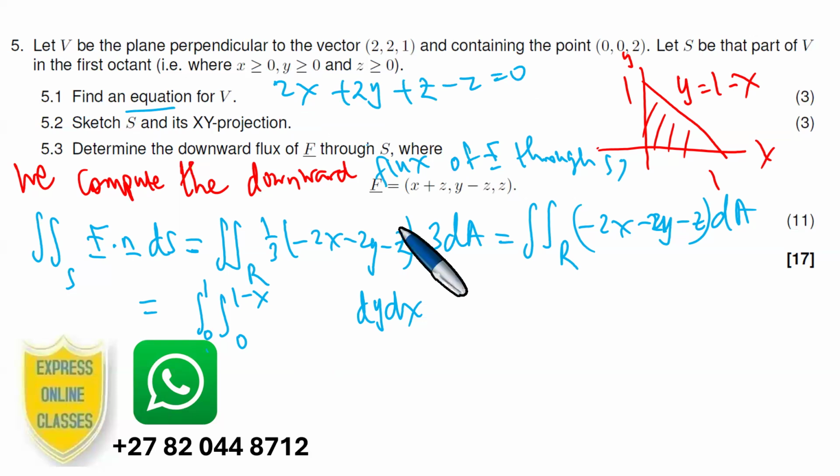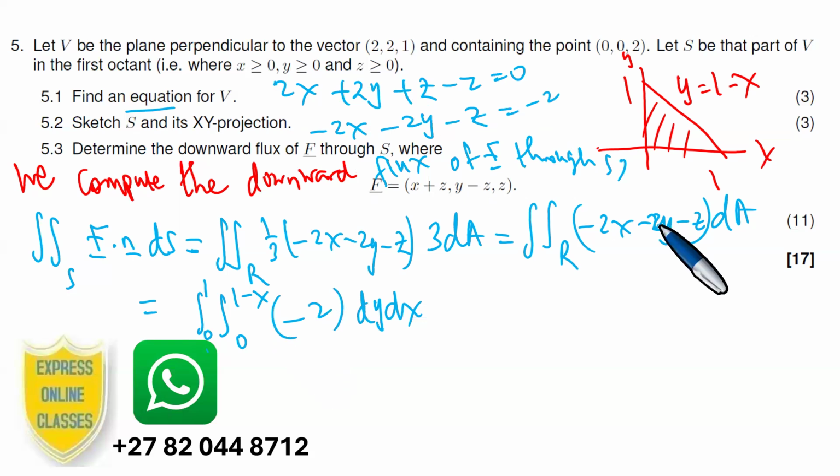Then we transpose everything, moving these to the other side: minus 2x minus 2y minus z is minus 2, because that is the equation for the plane V. Okay.